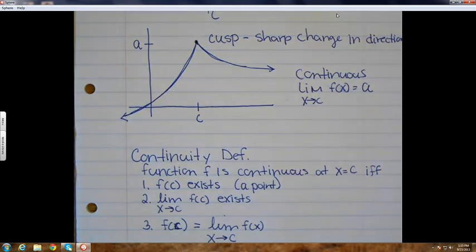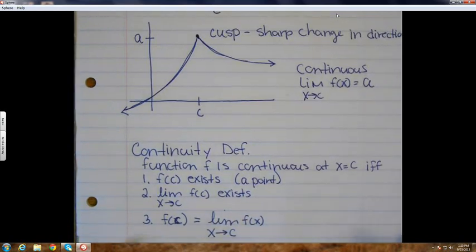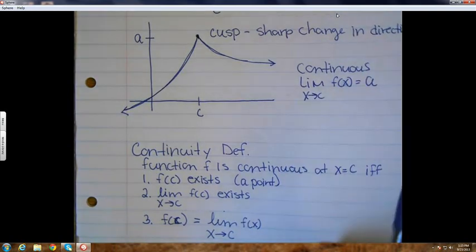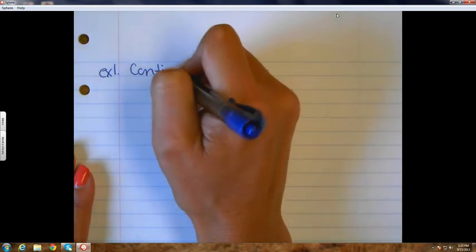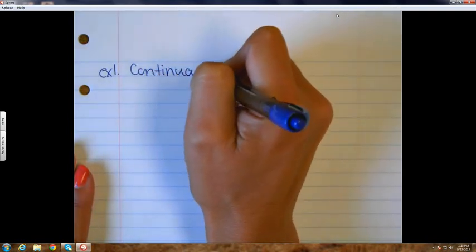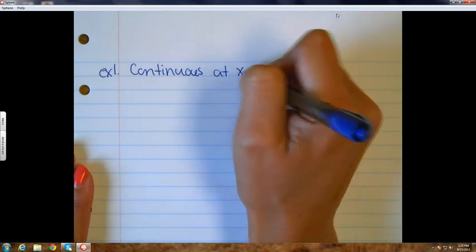So in the next set of examples, I'm going to ask, are they continuous or not at a c value? And if you say no, you're going to have to tell me which part of this definition doesn't work for us. So, I'm going to keep that handy. Okay, so the question is, continuous at x equals c?